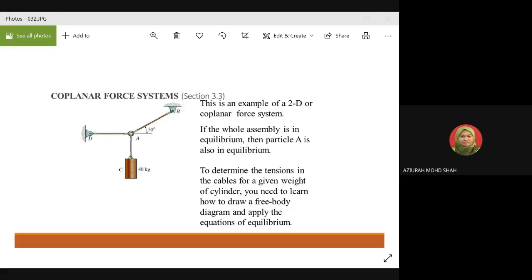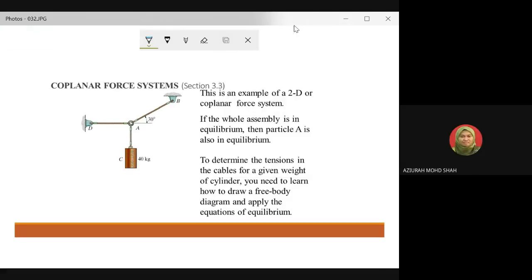Ada TAB tu, 784.8 Newton. Okay, let me write it down first. TAB, 784.8 Newton.